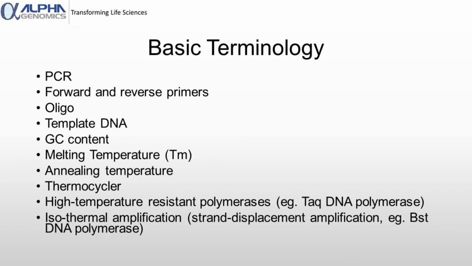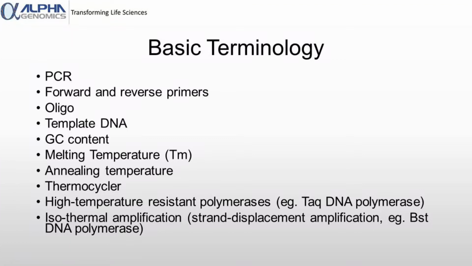For a PCR we need a pair of primers, which are conventionally called forward primer and reverse primer. These primers define the exact location on the genome from which we intend to make multiple copies of that DNA.